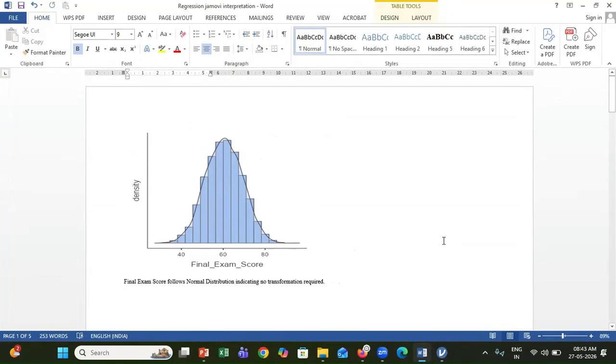So let us now understand regression using a practical example. You want to predict final exam scores using the study hours. Before fitting the regression model, we first check normality of the dependent variable using a histogram. So here you can see that final exam score follows a normal distribution, indicating no transformation is required.